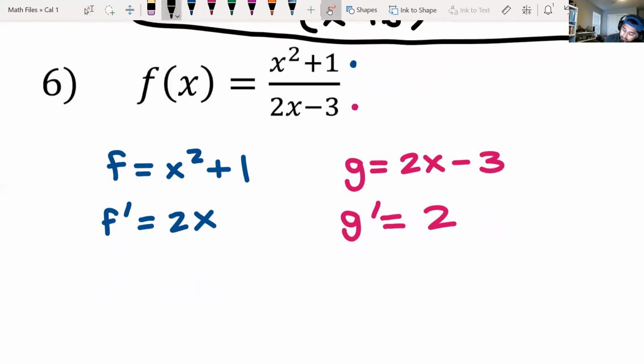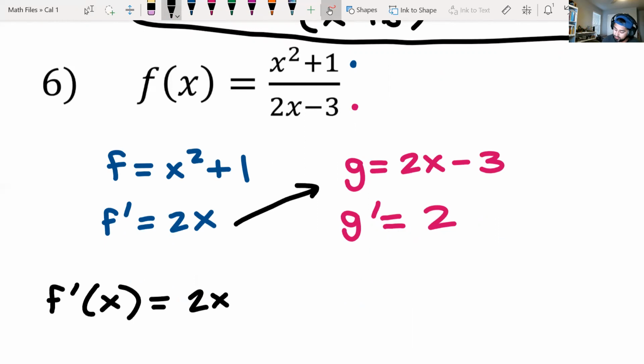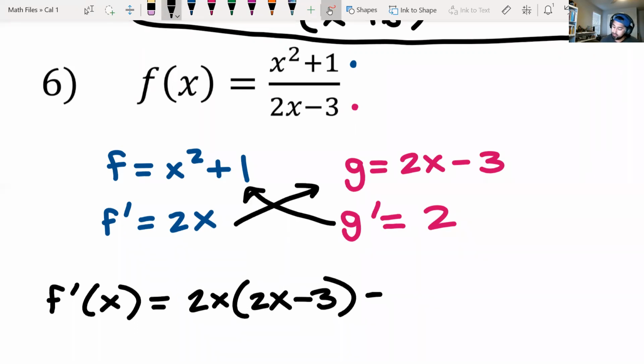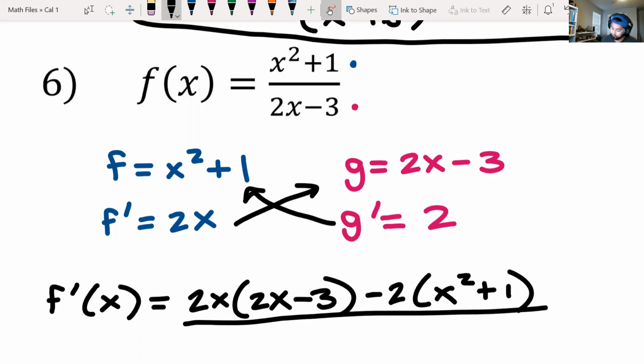Taking the derivative, we start with f prime of x equal to f prime g, 2x times 2x minus 3, minus g prime f, 2 times x squared plus 1, all over the original denominator squared.